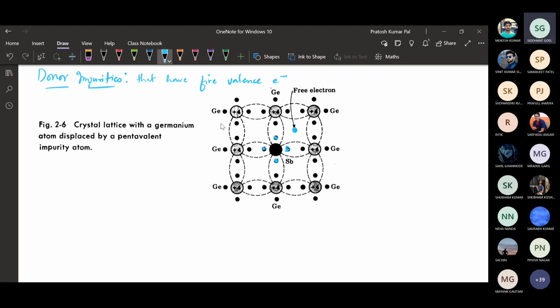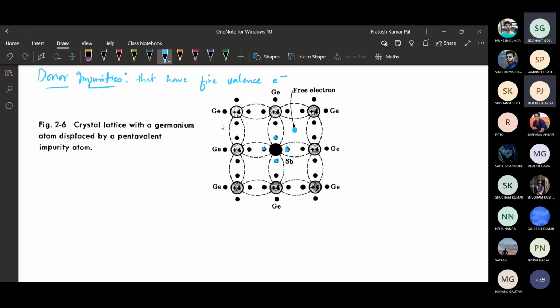So if we are required to move this fifth electron, even if it is free, it will be requiring some amount of energy. That means we need to supply an external energy.